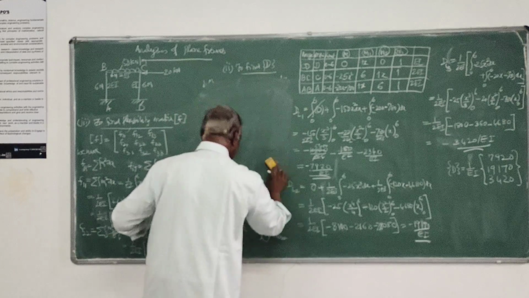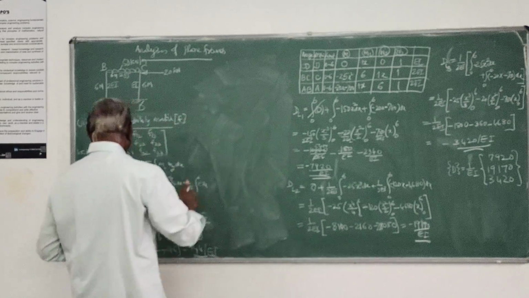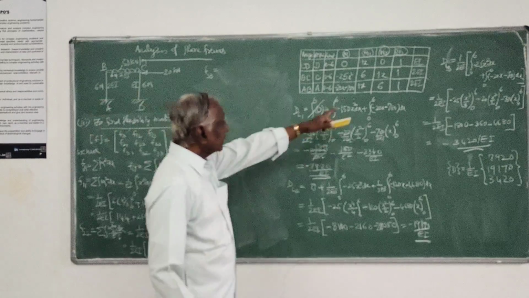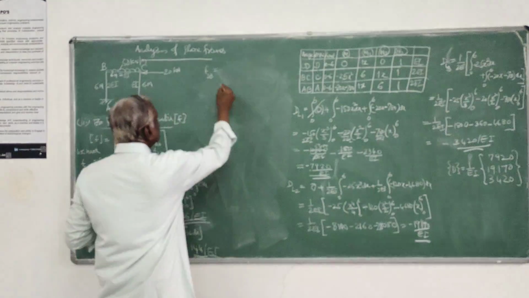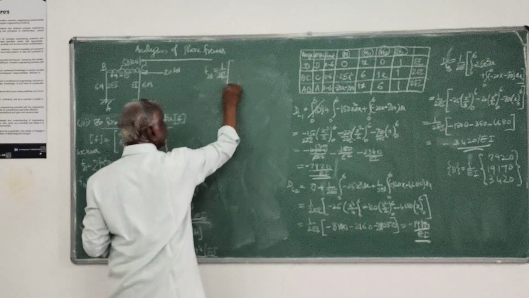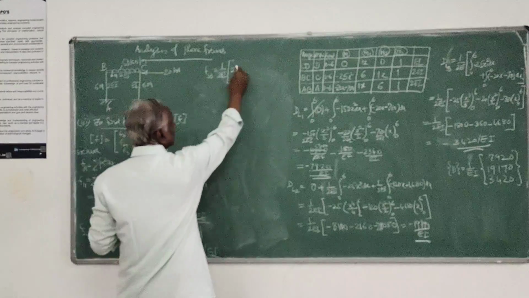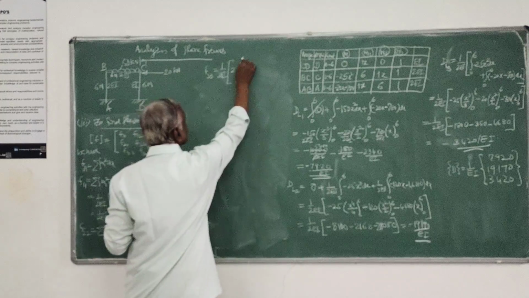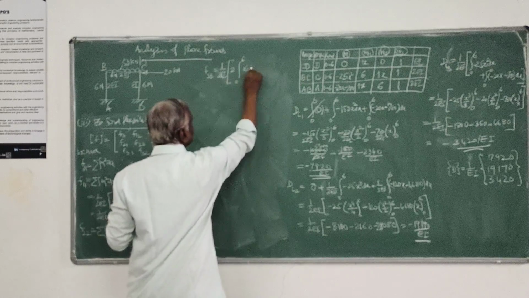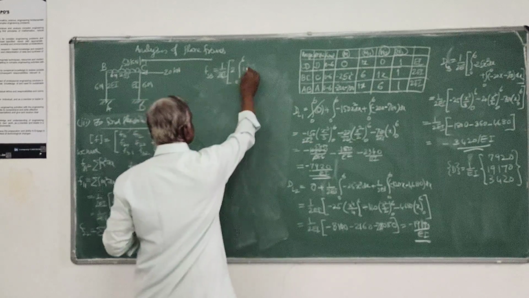Then you will have F33, which is equal to m3 square. All are 1. So I will take 1 over 2EI outside because here I will multiply by 2 for the first one. 2 into integral 0 to 6 of 1 into dx, 1 dx.